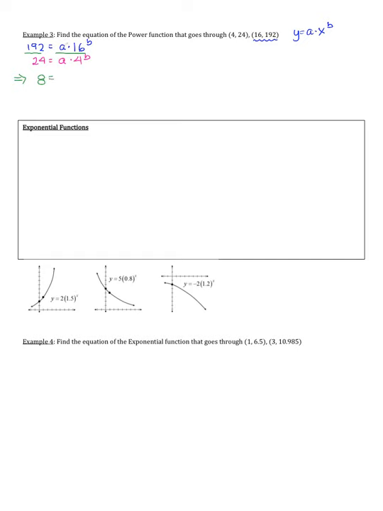Now my a values cancel, so I'm free to only solve for b. 16 to the b over 4 to the b is the same thing as 16 over 4 raised to the b. So what I have here is 4 to the b.